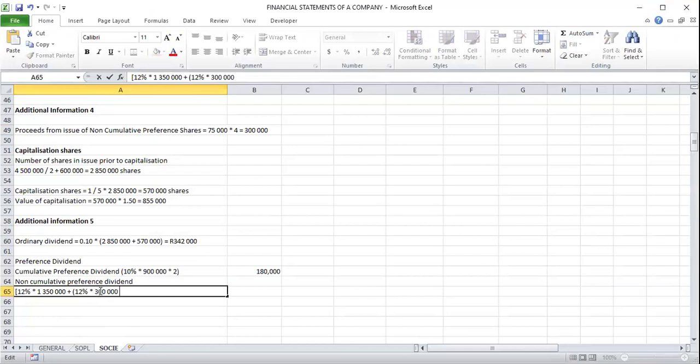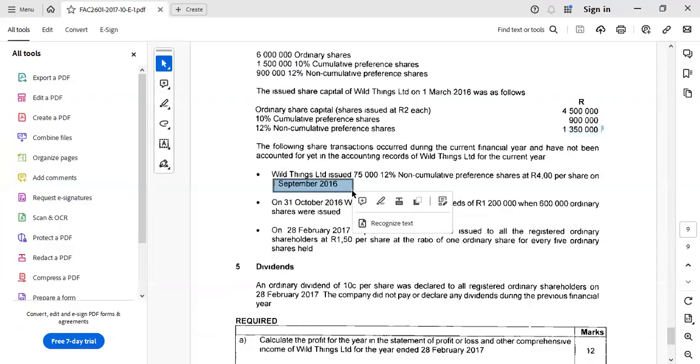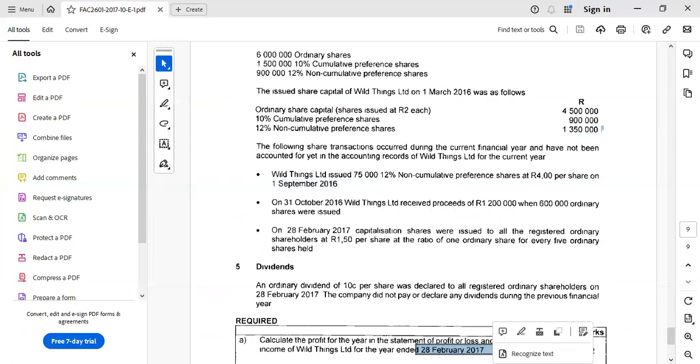But these shares were not there for the full year. They were only issued on 1 September 2016. So they've only been there for 6 months. Remember, our year end is 28 February 2017. So they've only been there for 6 months. So multiply by 6 over 12.